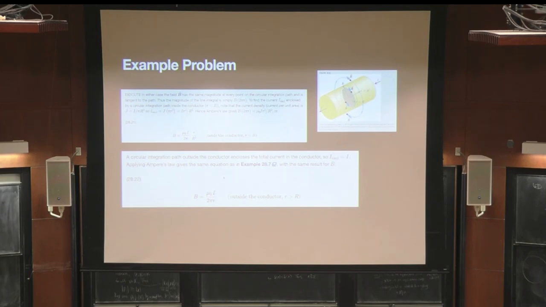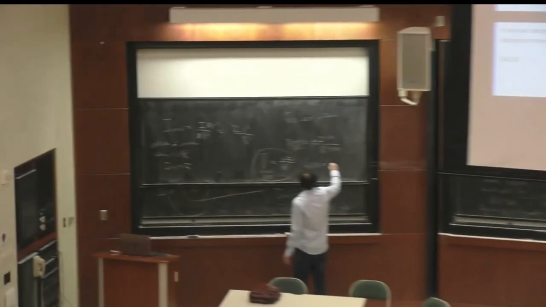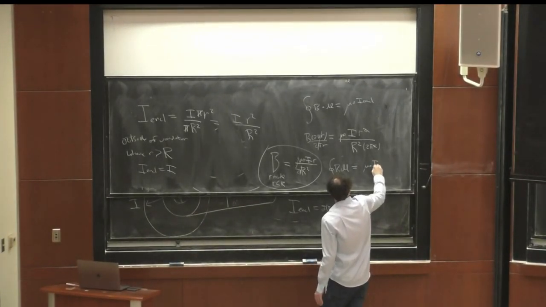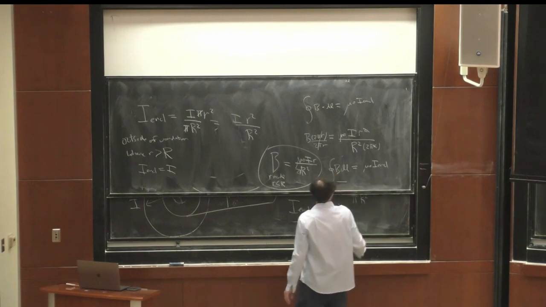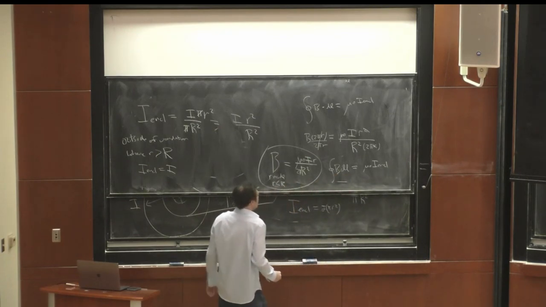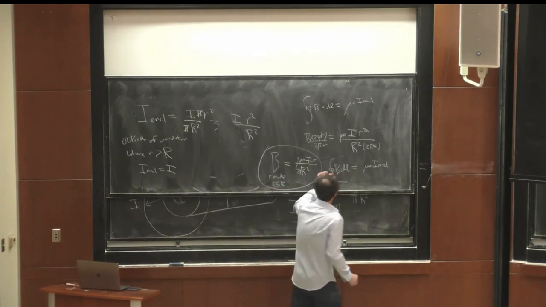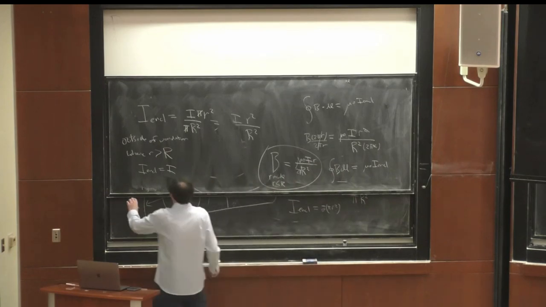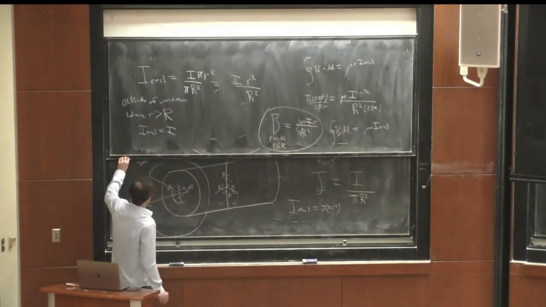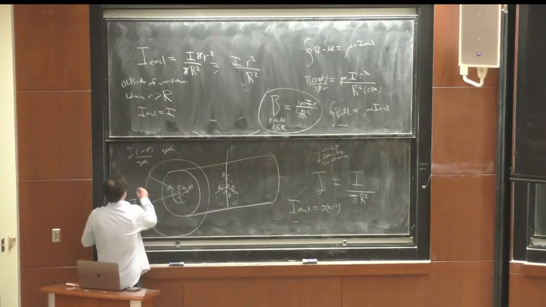So the line integral of B dot dl is equal to mu naught I enclosed, and this line integral is again going to be 2 pi r, because r is just bigger now, but it's still 2 pi r.